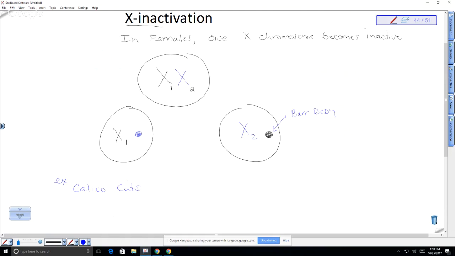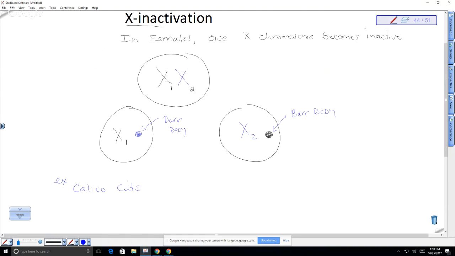Only the X chromosome. Yes, so this would also be a bar body. So does it just shrink like that? What it does is it wraps itself around proteins and becomes really tight and condensed, so no enzymes can get in there to read the DNA.